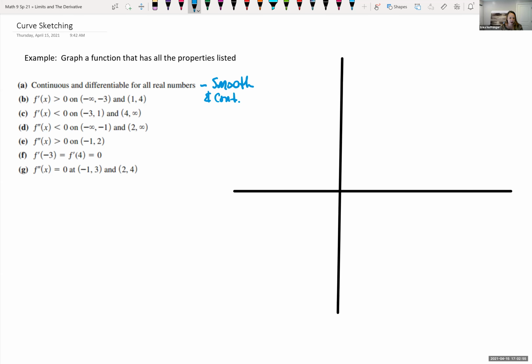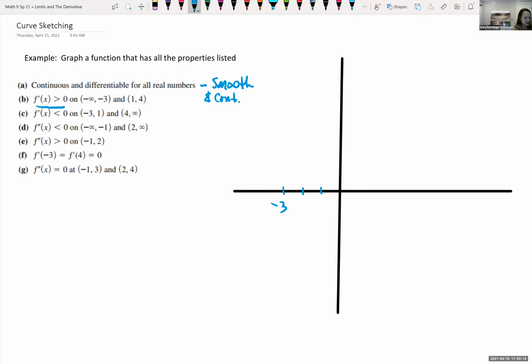Part B says f prime of x is greater than 0 on negative infinity to -3 and 1 to 4. So I'm going to put on here, let's just start putting our tick marks. So it's greater than 0.